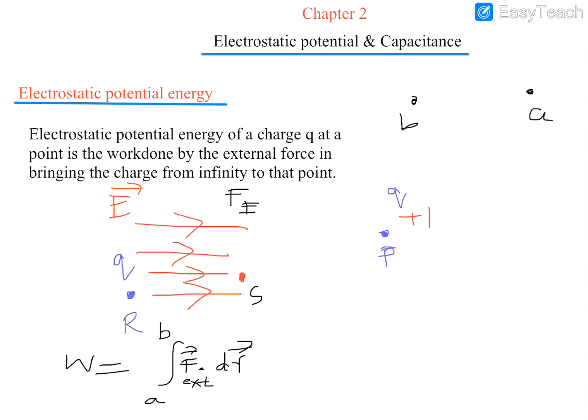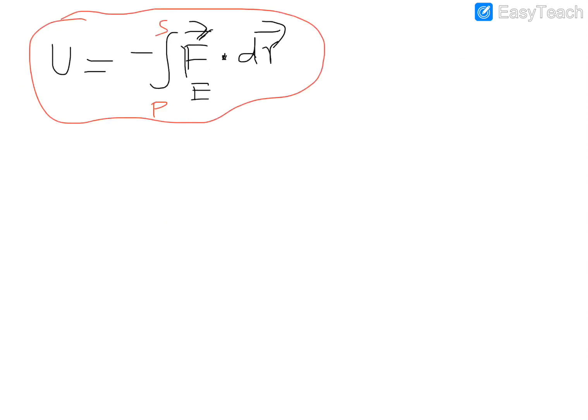But in this case there is a change. I am not moving a Q charge, but I am moving a +1 charge. So I will calculate how much work I need to move it from P to S. The amount of work needed to bring a unit positive charge from P to S is defined as electric potential.